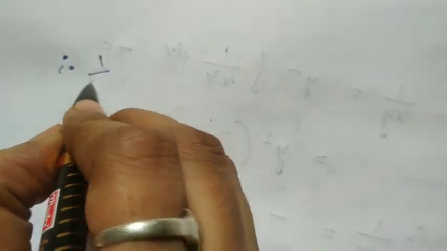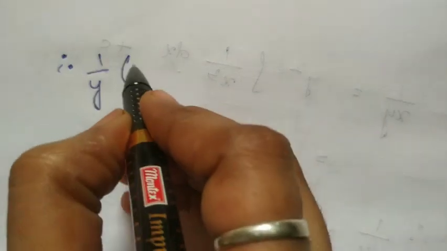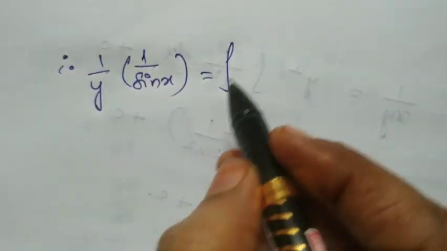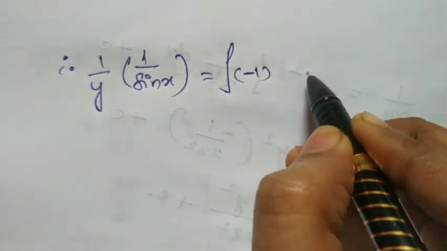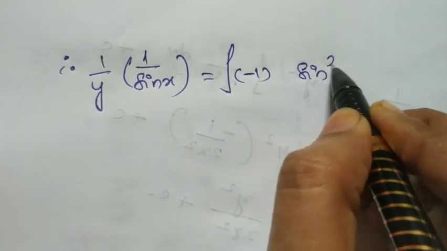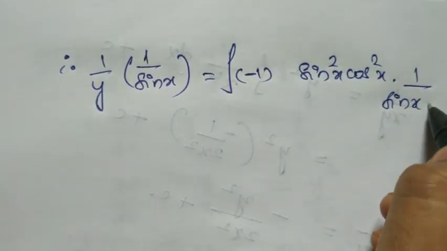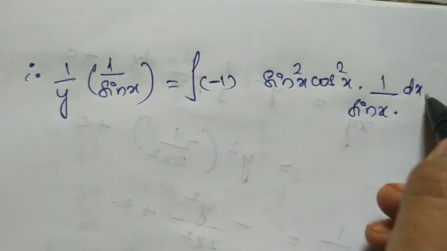Therefore 1 by y into integrating factor, that is 1 by sin x, equal to integration of (1 minus n value, minus 1) and q value sin square x cos square x into integrating factor 1 by sin x dx plus c.